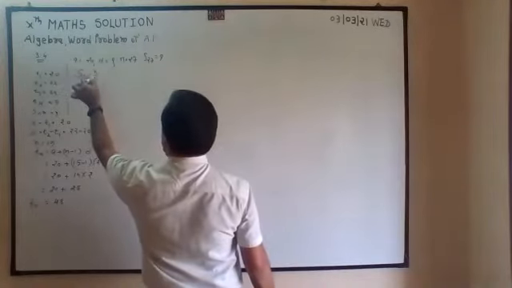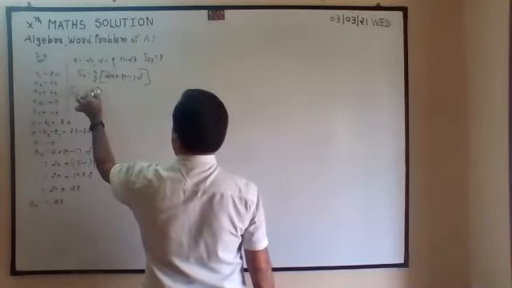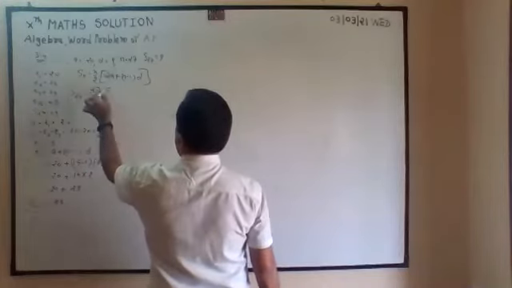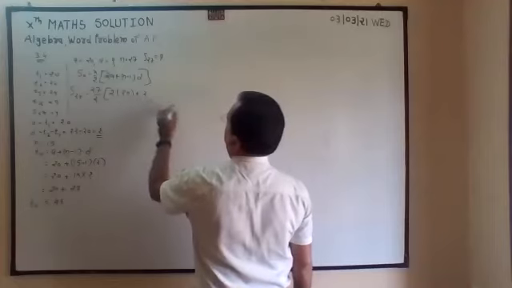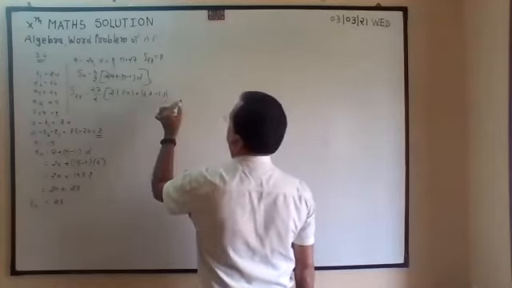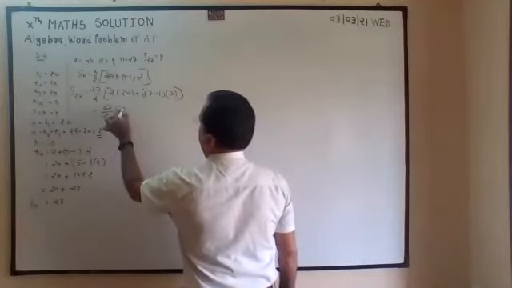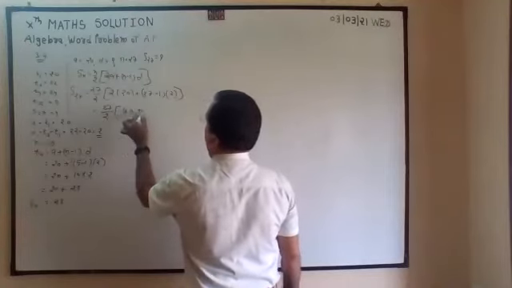So Sn is n by 2 times 2A plus (n minus 1)D. That is 27 by 2 times 40 plus 26 twos, which is 52, so 92... 46.